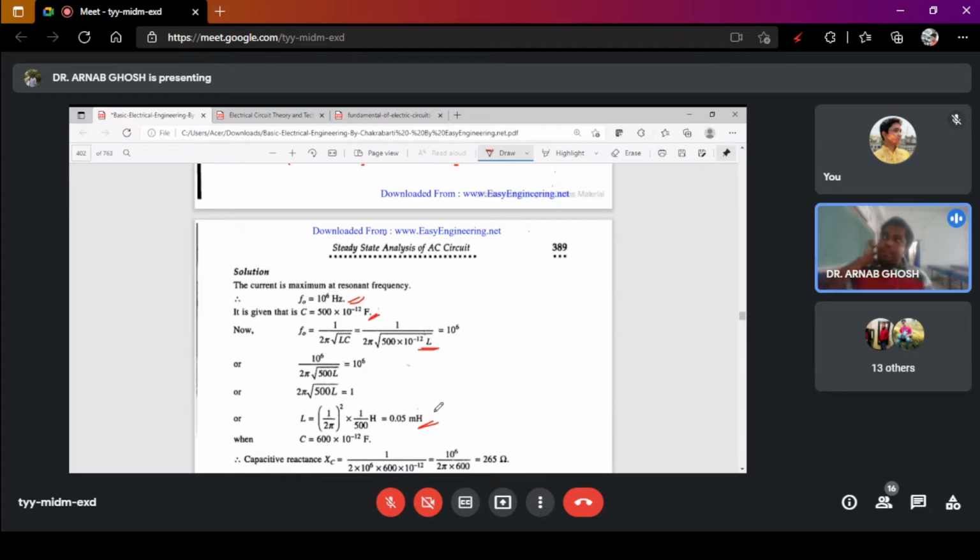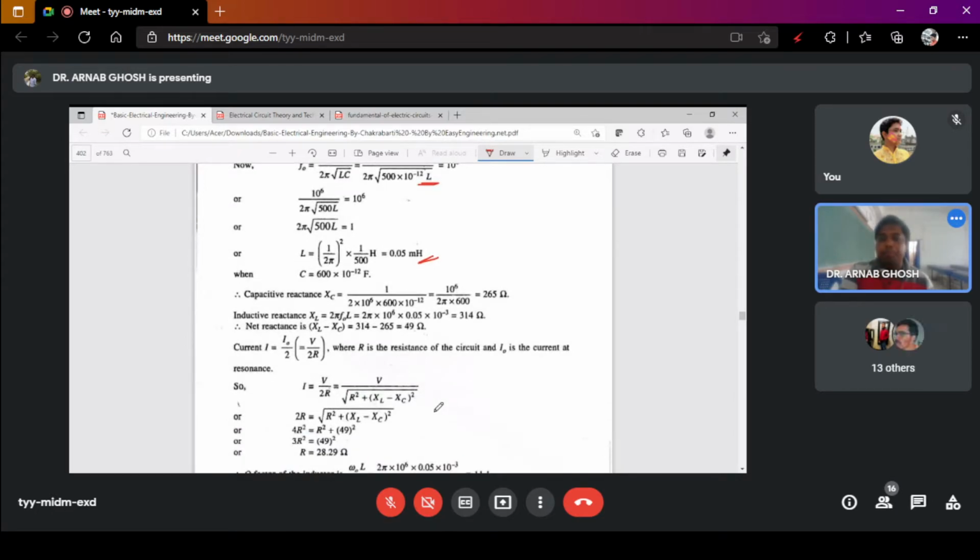So it has been given that you have a frequency of 10 to the power 6 hertz, at which the current is maximum and the capacitance value is 500 picofarad. Pico is 10 to the power minus 12. From that you calculate the value of the inductance, right?